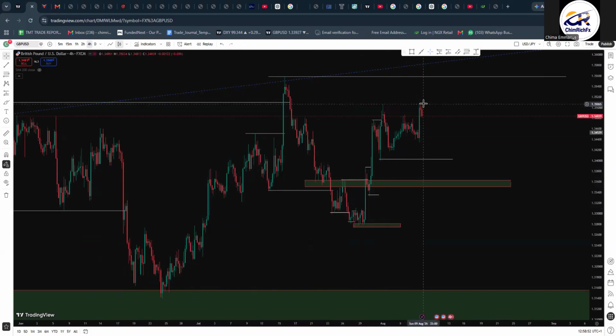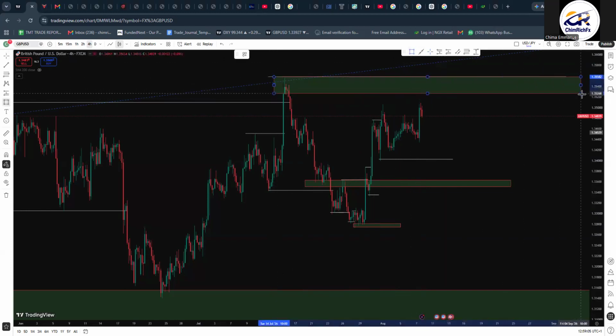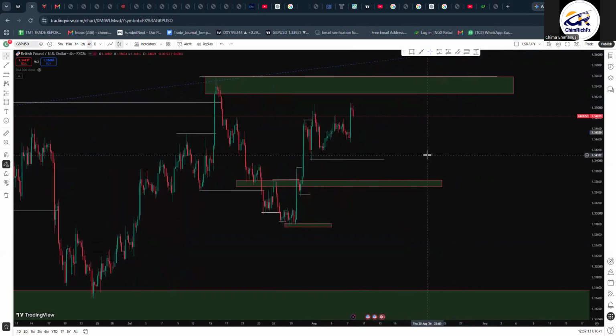Some traders might see this as a pullback into, let's say, this zone, into this other block, and price selling, which can also be correct, right?